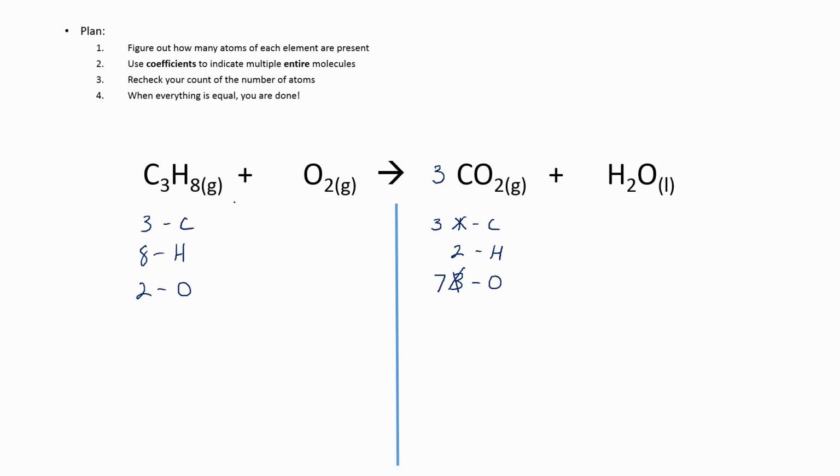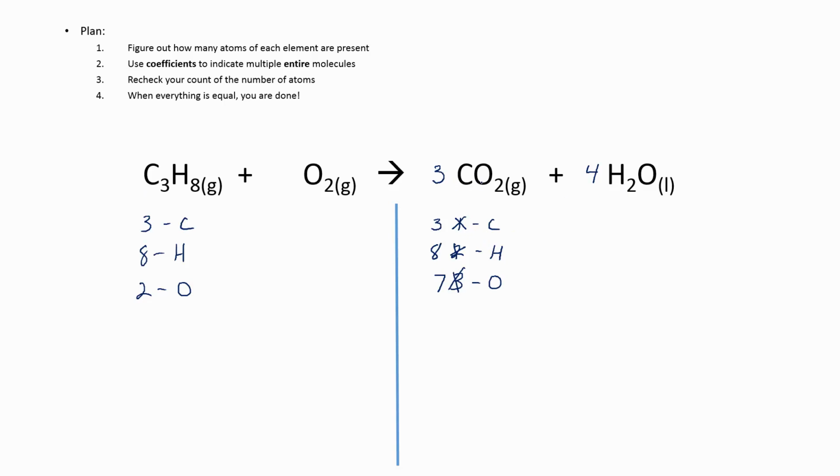Alright, carbon's at least okay now. Let's look at hydrogen. I have 8 and 2. So if I put a 4 here, now I have 4 times 2, I have 8 hydrogens on both sides. Excellent. 8 hydrogens, 8 hydrogens, 3 carbons, 3 carbons.